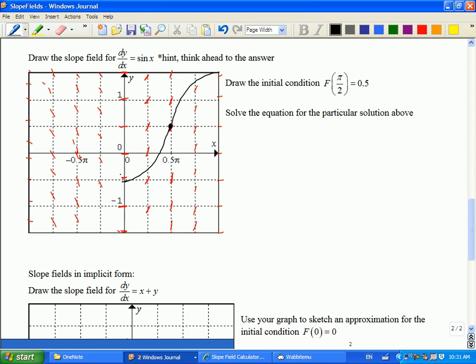Something like this. So sort of like that. I'd probably get away with that. I'm sure that that would be fine, it is a sketch. So, you know, basically as long as the generic shape looks correct, you're fine.